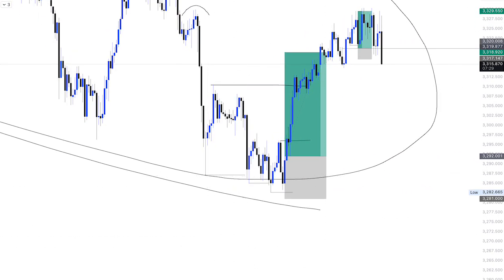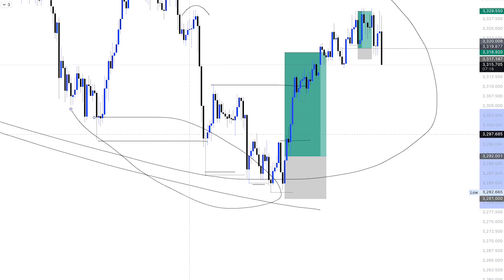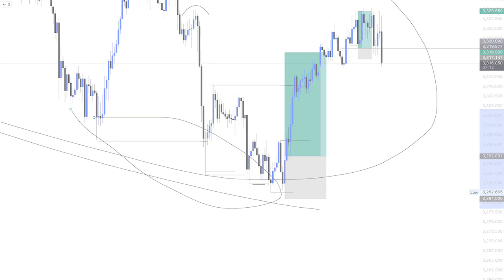Sweep of liquidity. 1, 2, 3. I still call it what? Liquidity concept. The same entry model for that Euro AUD. So when I saw this, I scaled down to the 15 minutes time frame.